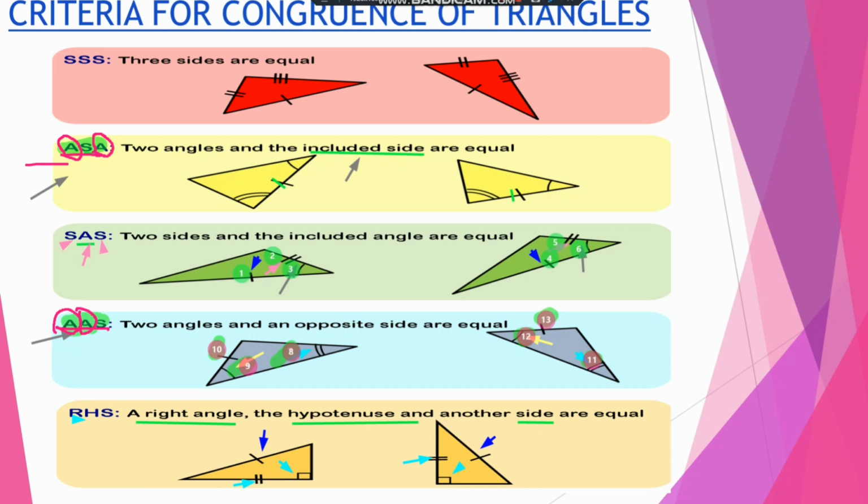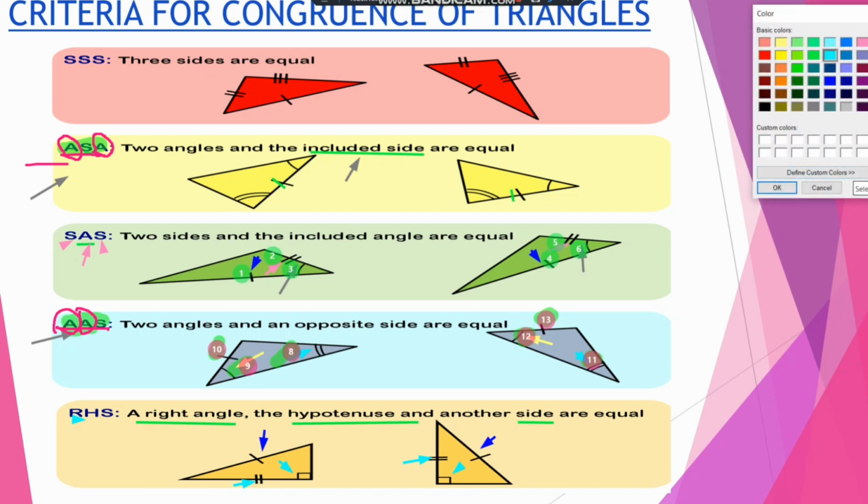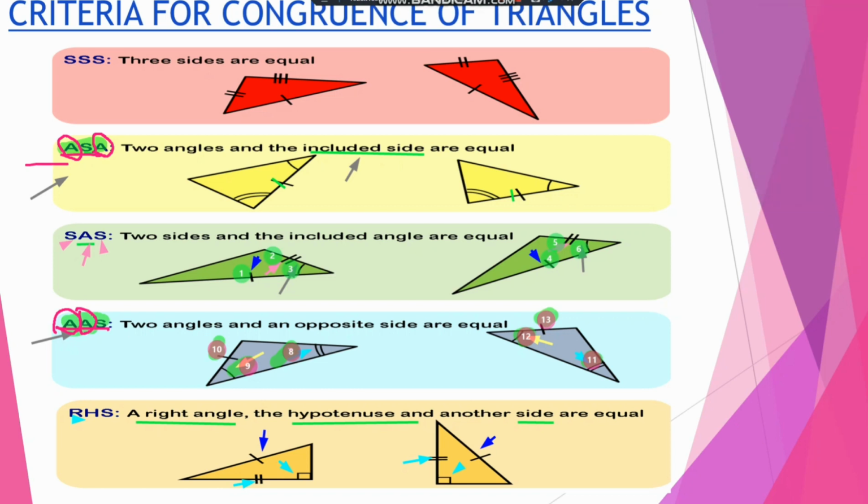I am showing you it can be the other side also, this side could have been equal to this side. But you need only one other side. So that is why we have shown only one side other than the hypotenuse to be equal. So it is by RHS they are congruent.